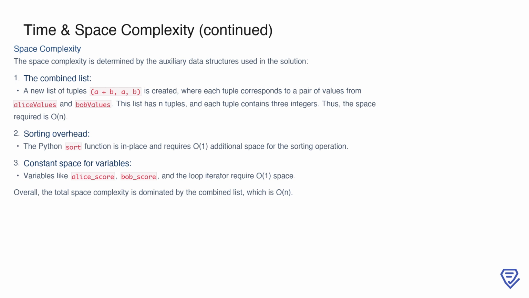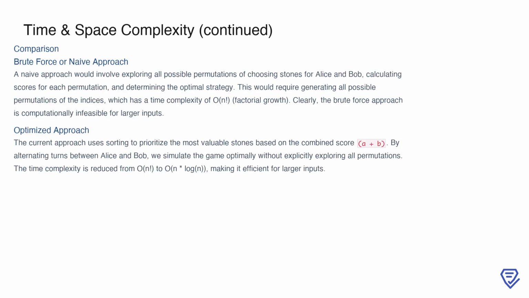Finally, the variables we use, such as Alice_score, Bob_score, and the loop iterator, require constant space, or O(1). When we consider all these components, the total space complexity is dominated by the combined list, leading to an overall space complexity of O(n).